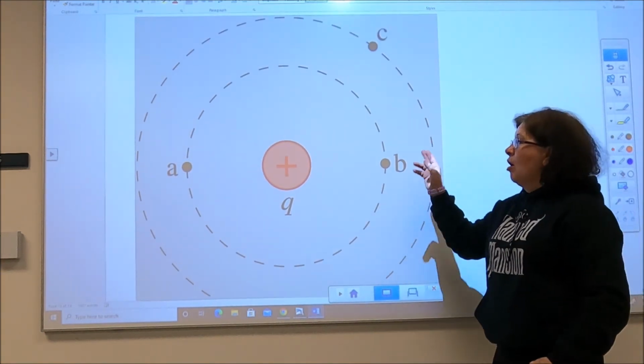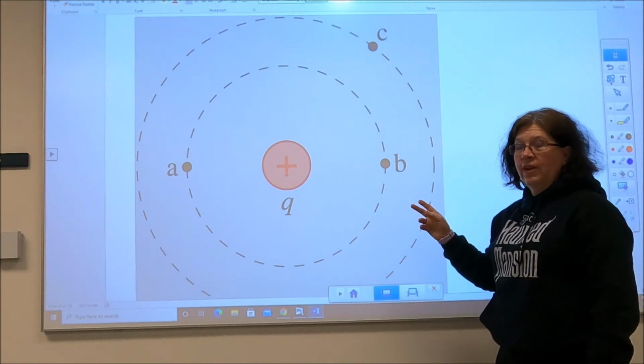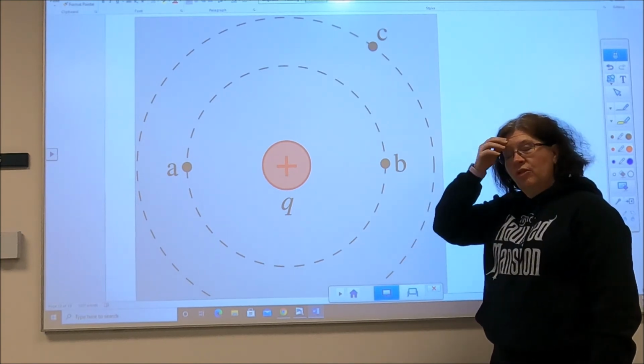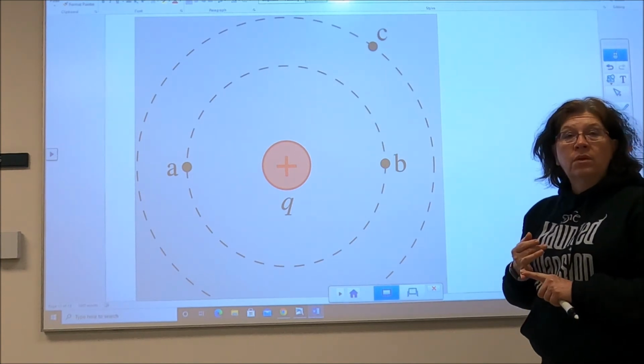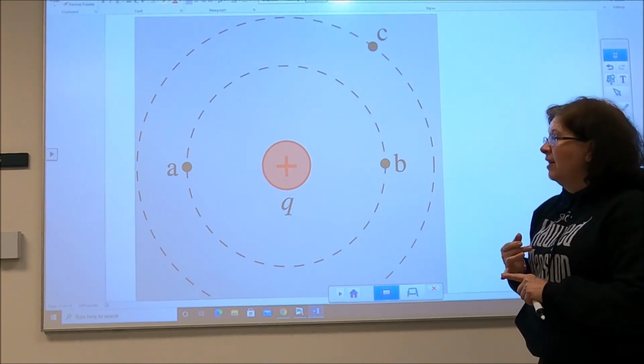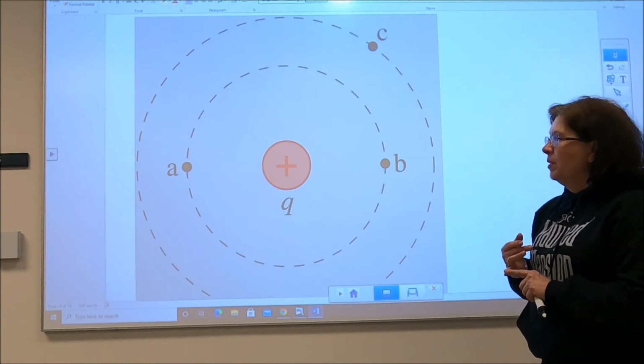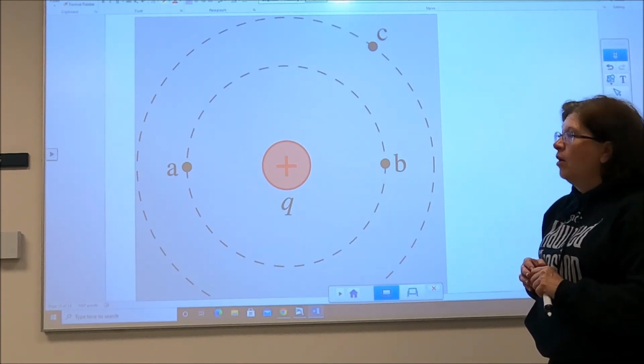A and B are on an equal potential surface. Since they're on an equal potential surface, the difference AB is going to be 0. So the difference in electrical potential from point A to point B is 0.